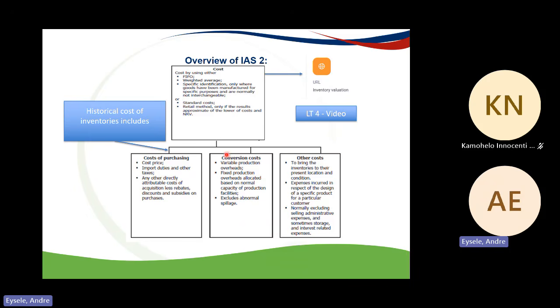Those are variable production overheads, and they can be allocated to production of a complete bicycle with ease on a Rand per unit basis. But then, colleagues, there are other fixed production overheads that cannot be directly allocated to production, and under normal circumstances, we always include them under normal capacity.